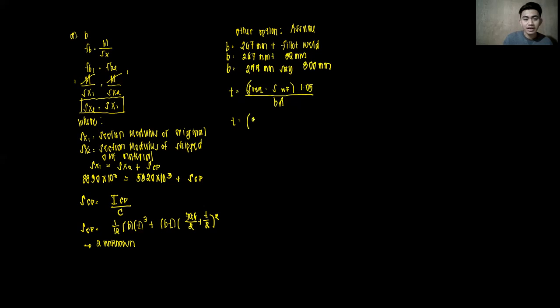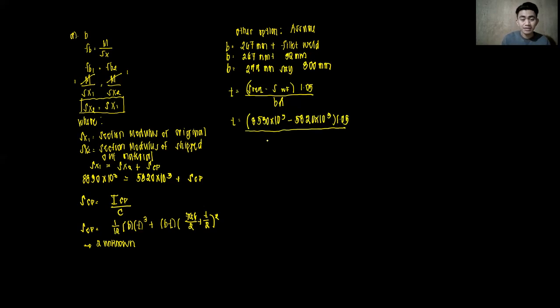So what will be our thickness? I will have there 8,530 times 10 raised to 3 minus 5,820 times 10 raised to 3, times 1.05, divided by, of course, the required section modulus will be the section modulus of the original material. SWF of the wide flange will be the section modulus of the current material.